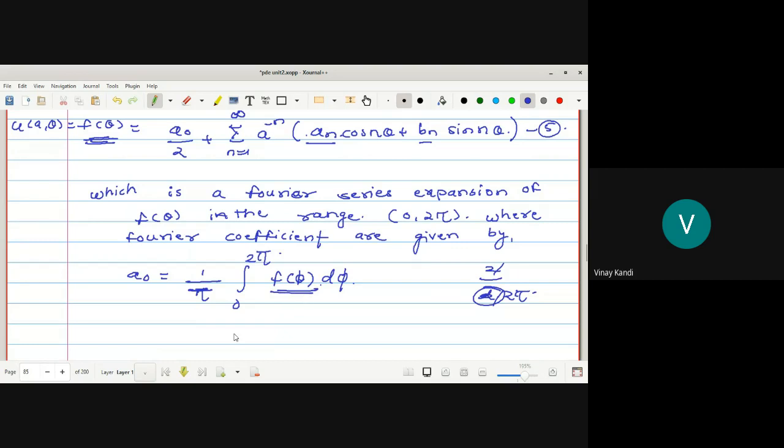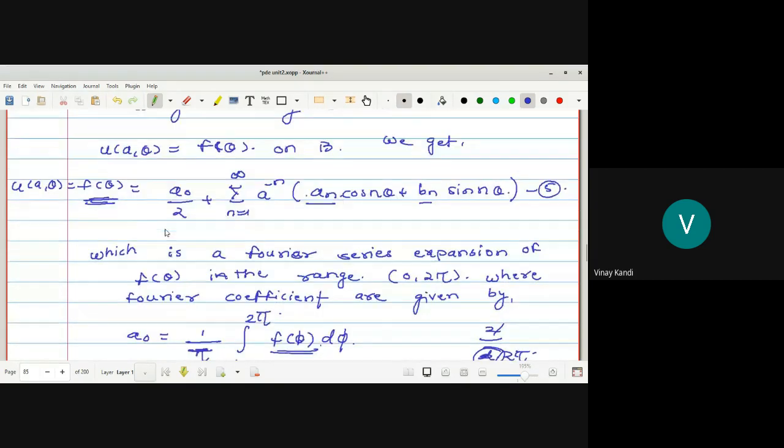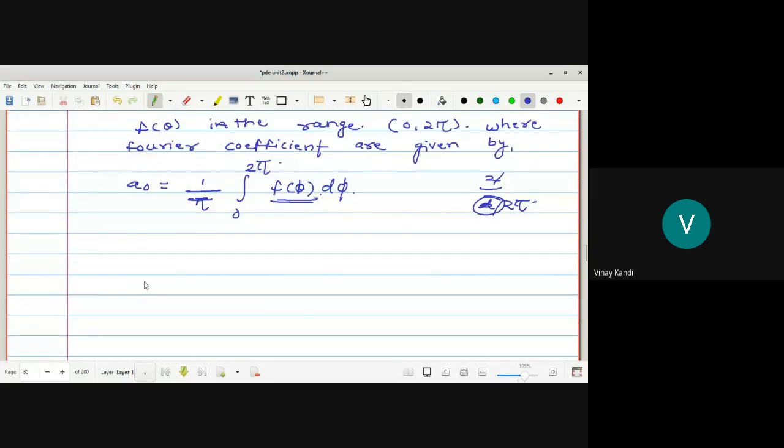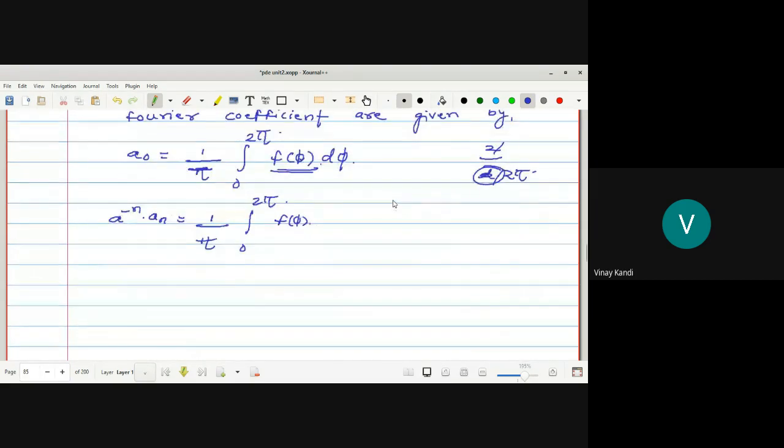Similarly for an, what will the coefficient be? a raised to minus n into an is equal to 1 upon pi integration from 0 to 2 pi of f of phi into cos n phi d phi.